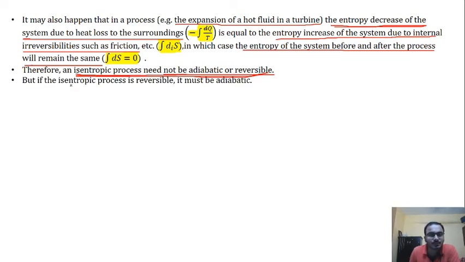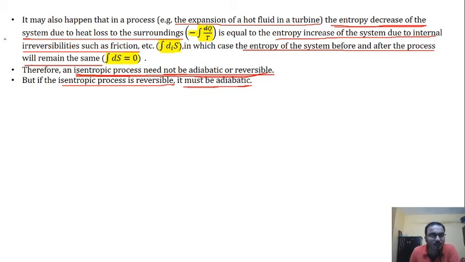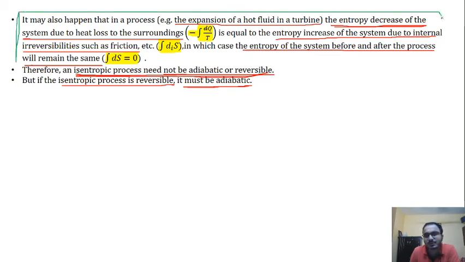But if the isentropic process is reversible, it must be adiabatic. Because if you see the process which is happening over here, the things that have been written in this green box, at the end we are getting that delta S is 0.